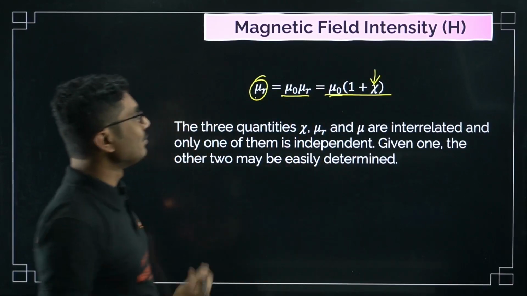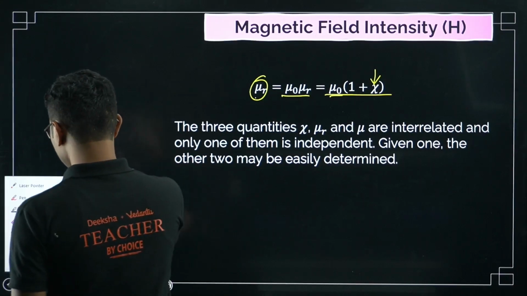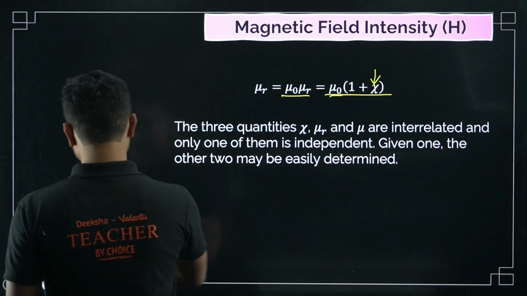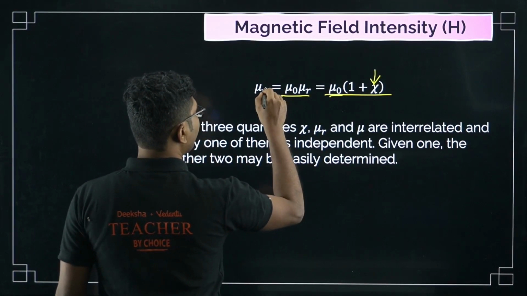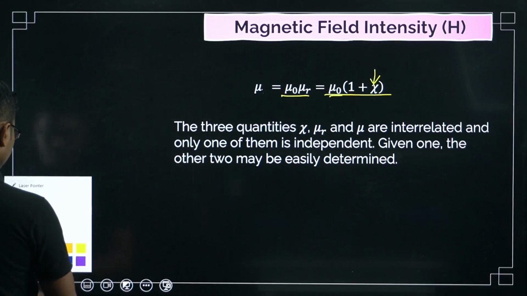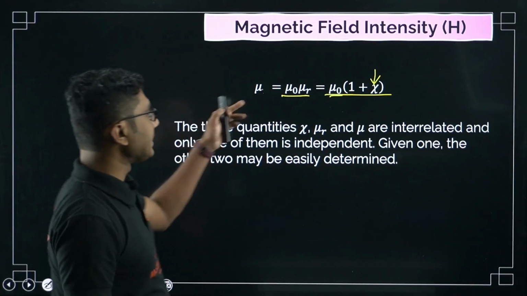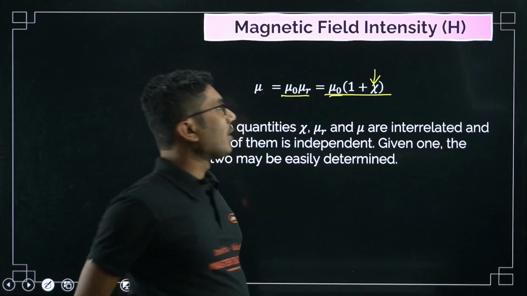Sorry, there is a mistake here. This is not mu r, this is simply mu. So mu is basically mu naught into mu r, which equals mu naught into (1 + chi).